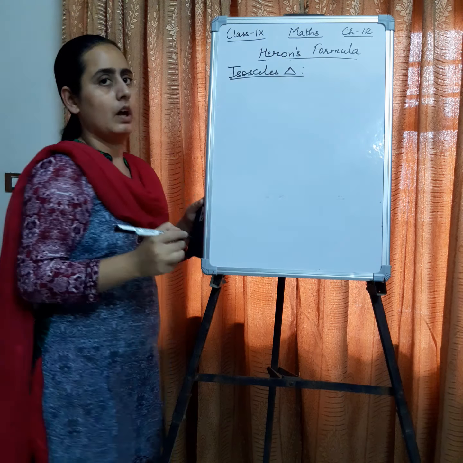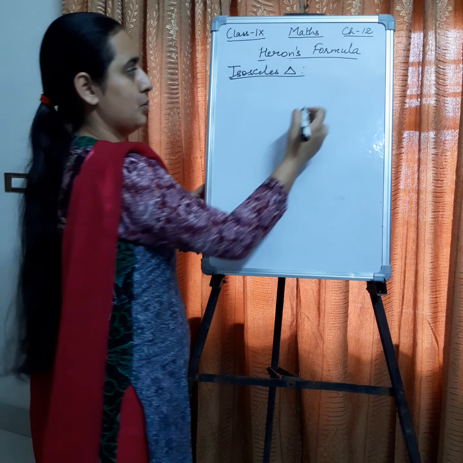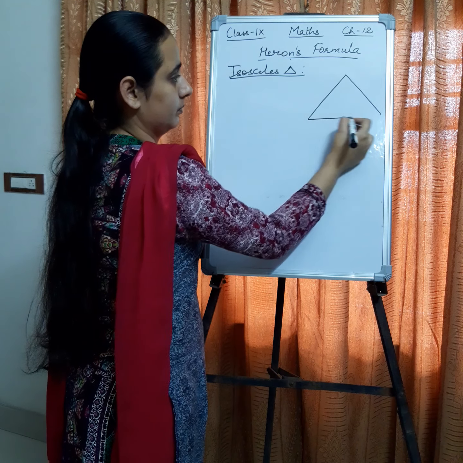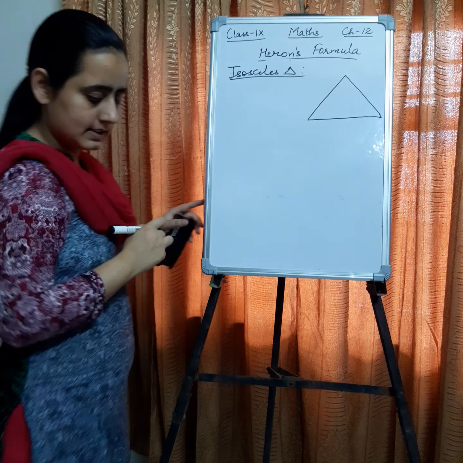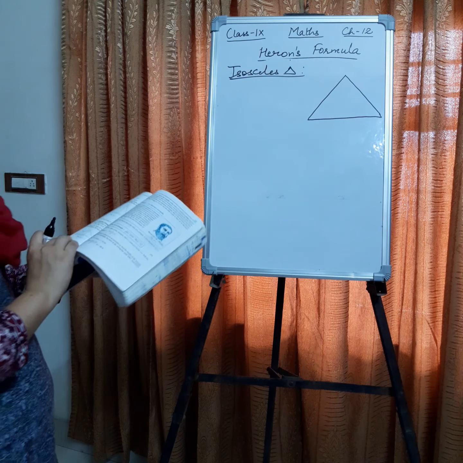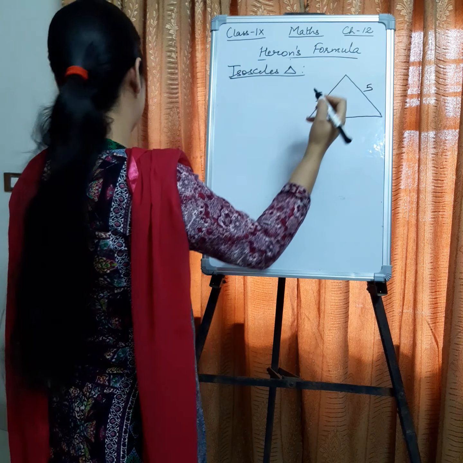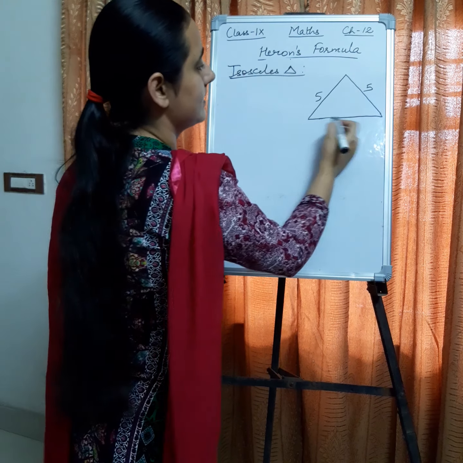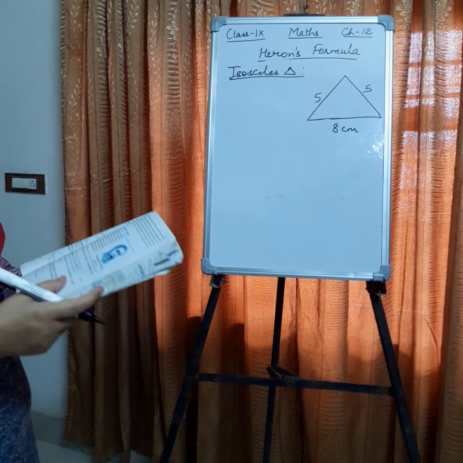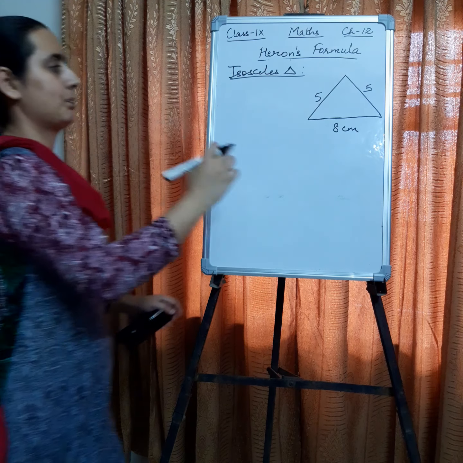Now in the case of an isosceles triangle, what is the condition? Two sides are equal. Let us discuss the given example from the book. The two equal sides are taken as 5 and 5 centimeter and the base is taken as 8 centimeter. Let us check how we will calculate the area of this.